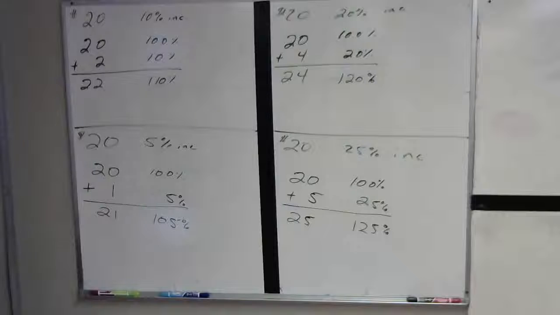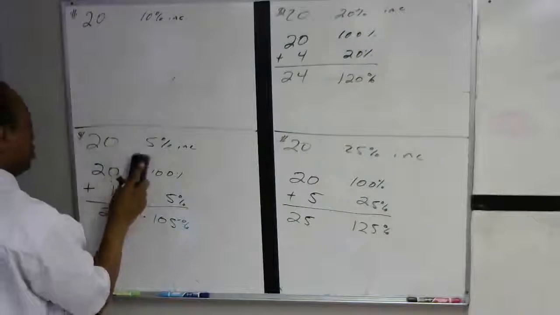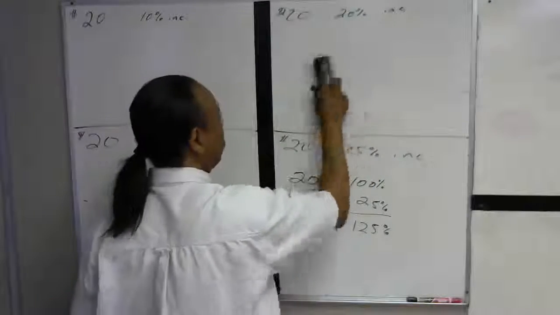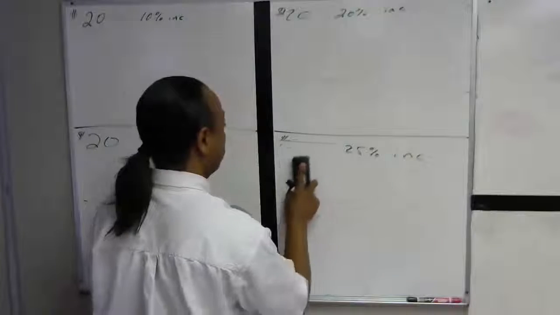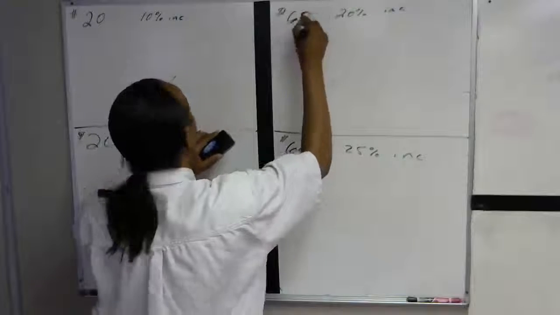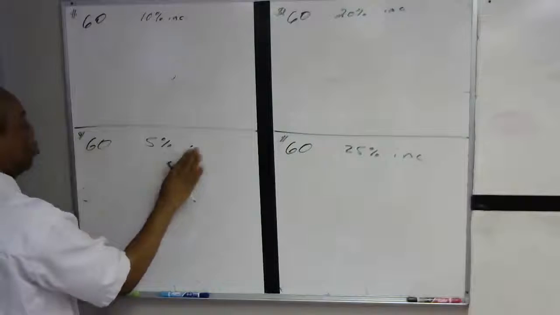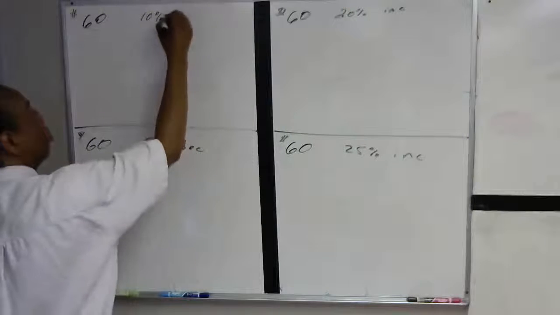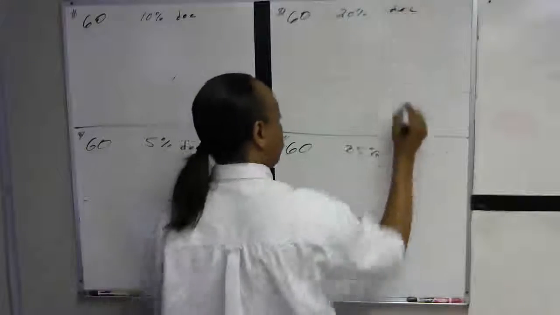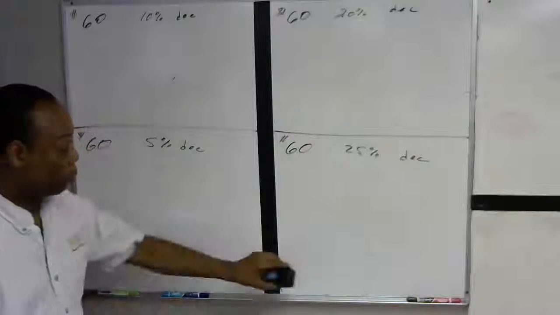Now let's do decreases. On the decreases, we're going to start off with 60 instead. So now we're going to decrease these.